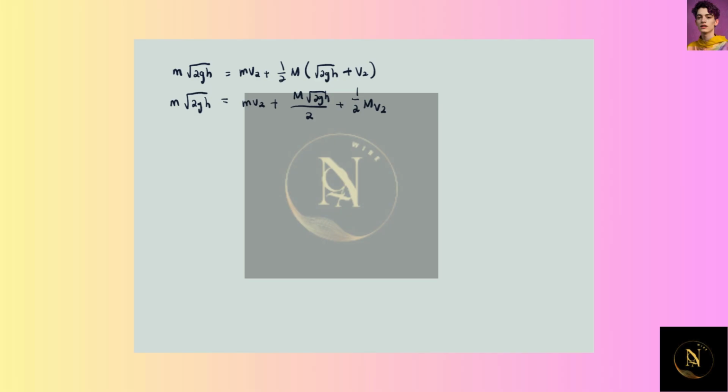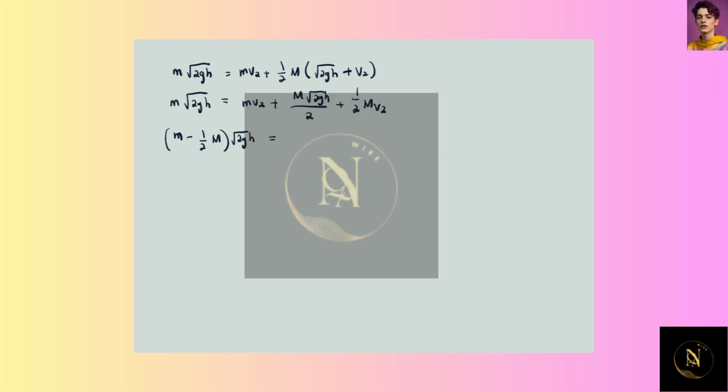So we can put into one side all terms with square root of 2gh, on the left hand side, and then on the right hand side we can have the terms multiplied with v2. So simplifying, this will become m minus 1/2 mass of the disk times square root of 2gh.